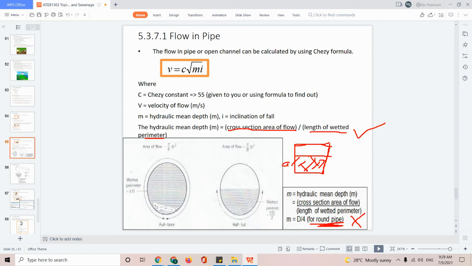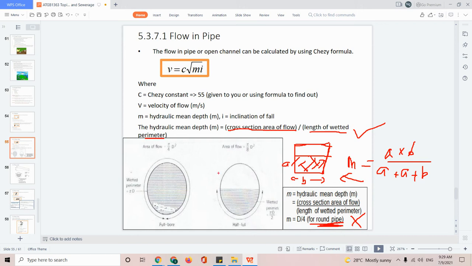Let's say we call this A, and we assume this bottom as B. To work out the M, we have the cross-section, which is A multiplied by B, divided by the length of the wetted perimeter, so A plus B. This is the case if you're given a square pipe.